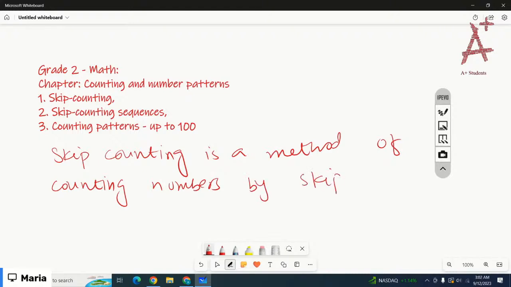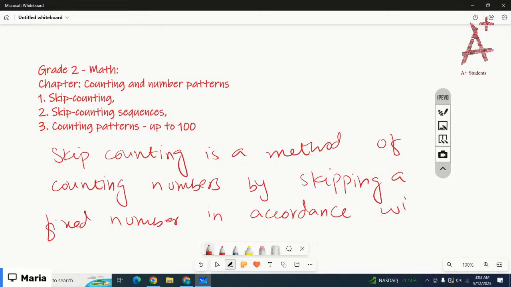Like every time you're skipping a fixed number to get the next number, in accordance with the preceding number, right? If you want to get the next number, you have to skip the fixed number every time, right?